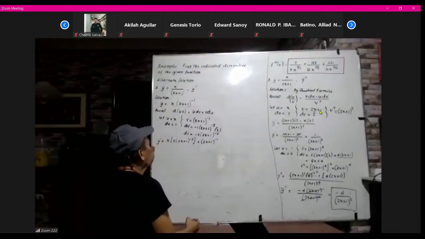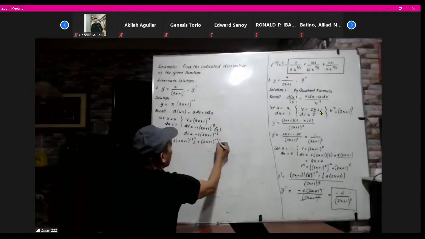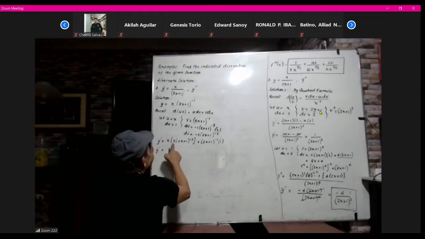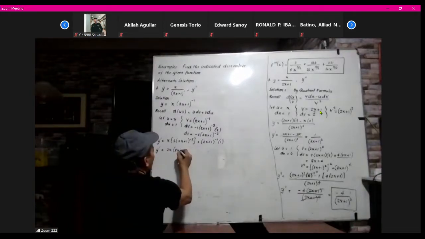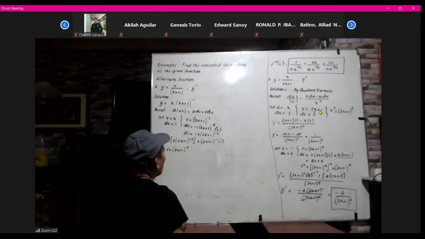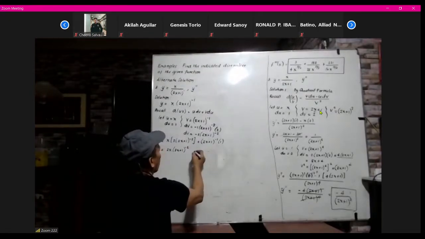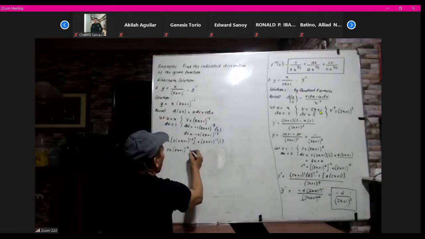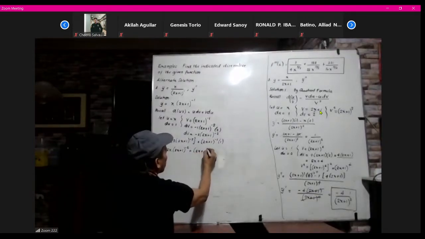Then how about our du? Our du is equal to 1. So therefore, derivative of y is equal to negative 2 times x is negative 2x, multiplied now by 2x plus 1 raised to negative 2. Okay? Then, ito naman, i-add natin. So, that is equal to 1 times this 1. So, yun pa rin. Plus 2x plus 1 raised to negative 1.